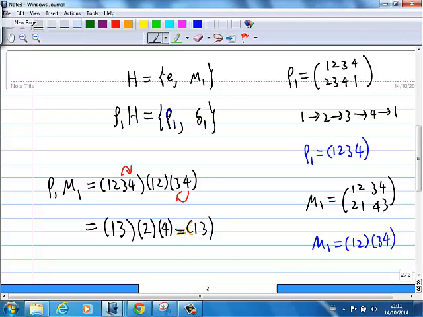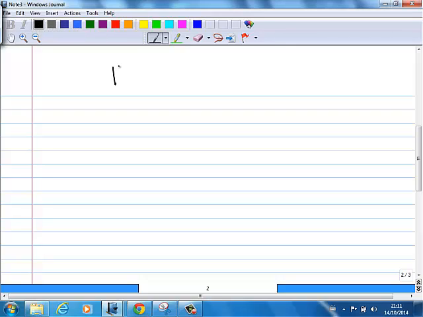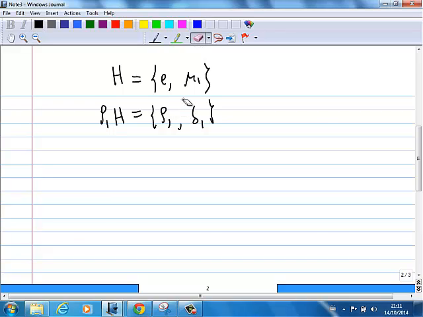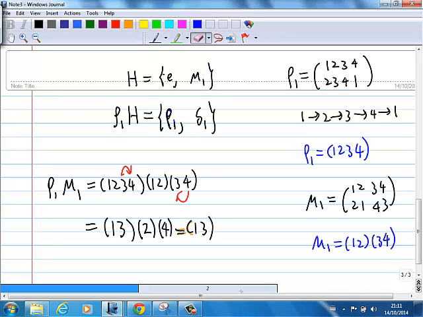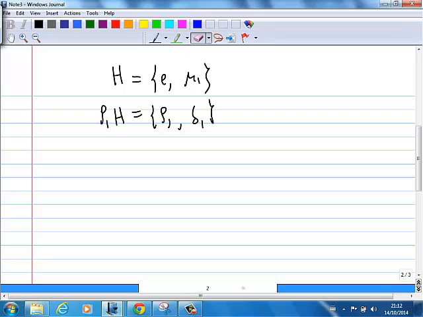So H is E, mu 1. Just now, I have rho 1 H is rho 1, delta 1.